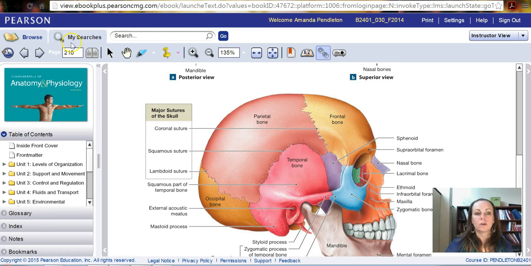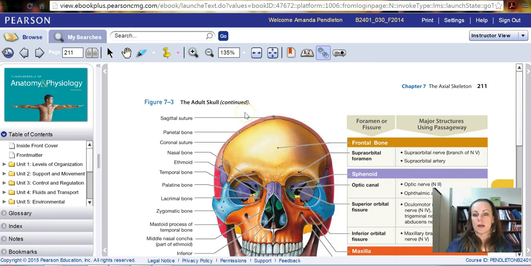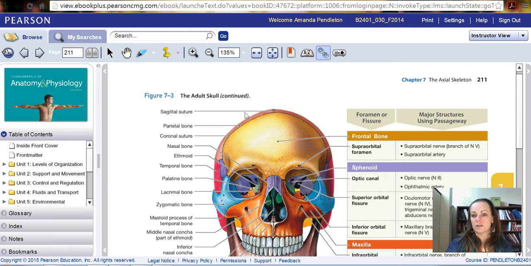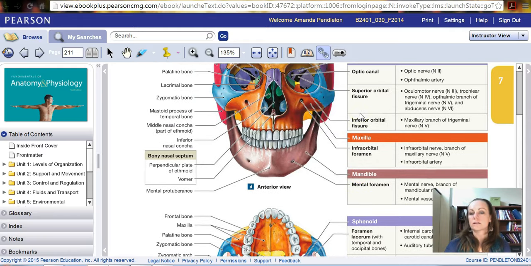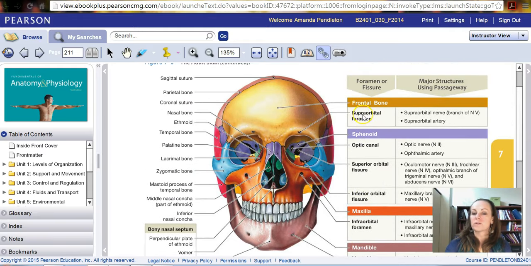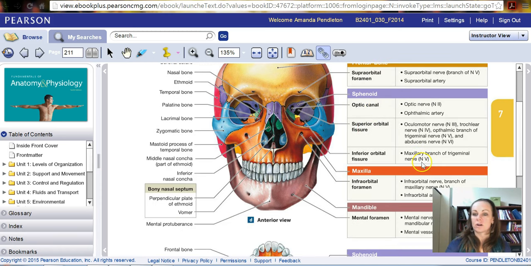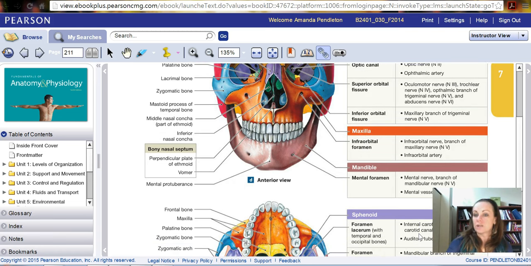Again, if you look on these pages, page 211, okay, and then I believe that there is another page on 212 and 213, but you'll notice it lists these holes: the supraorbital foramen, the optic canal, the superior orbital fissure, and it's going to list the things that are going through each of these holes, okay.